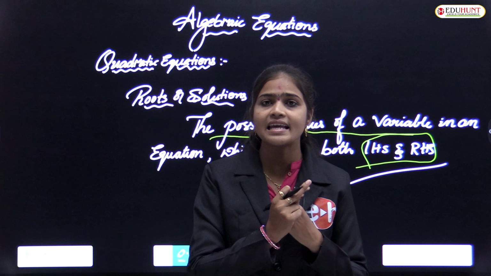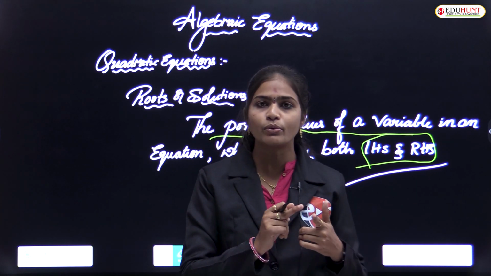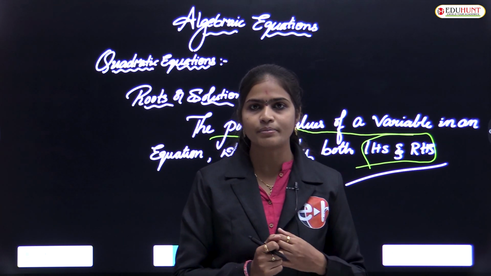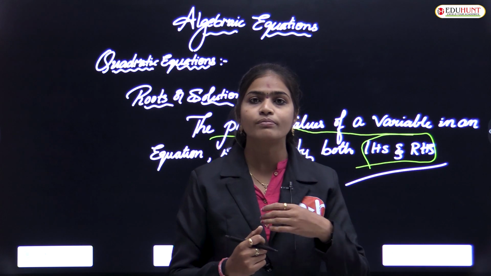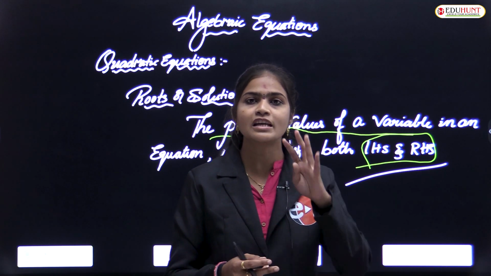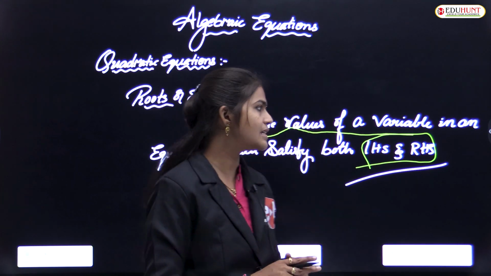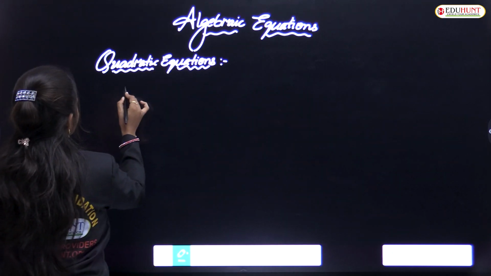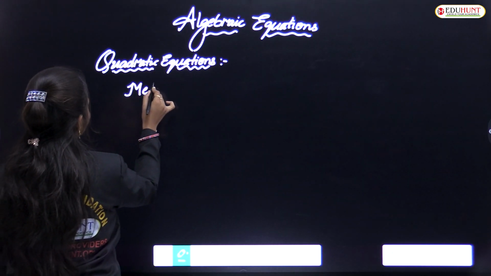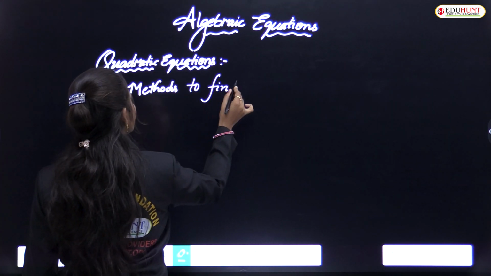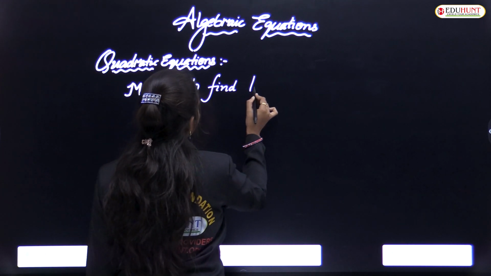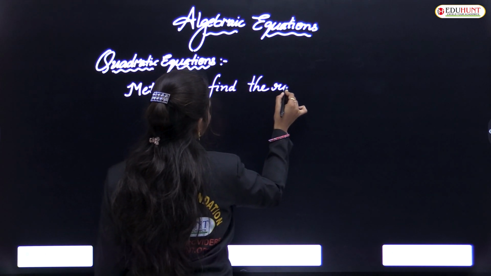In the same way, to find the roots of a quadratic equation also we have some methods. We can find the roots by using 4 methods. Okay, let us see that. Methods to find the roots of a quadratic equation.